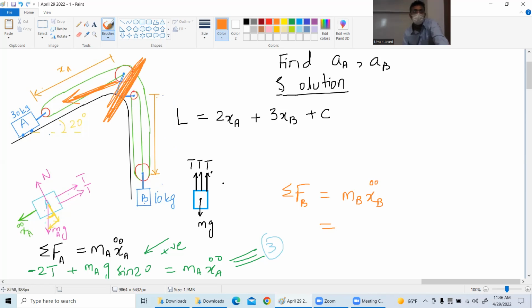So this is my positive. Again, this is my positive, because your reference line for the pulley is where this is my XB and this is my XA, you can see that beautiful arrow. That's why my positive sense is defined like this. And unfortunately, my mass is going up. That's why I will put a negative sign here. And why did I put a negative? Because XB is defined positive from this reference line.